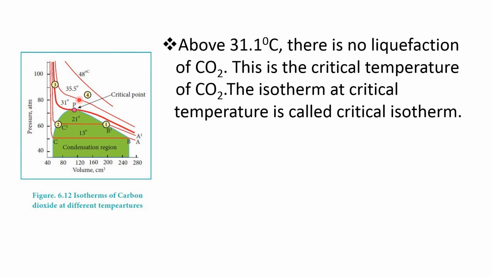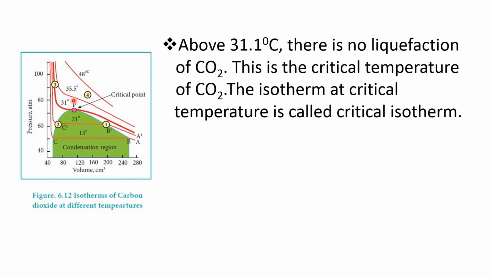If we go above 31.1 degrees centigrade, which is the critical temperature of carbon dioxide, say 35.5, you see that it is a continuous curve. You cannot differentiate a gaseous portion, then a portion where liquid and gas are in equilibrium, then a liquid portion. That means there is no liquefaction of the gas.